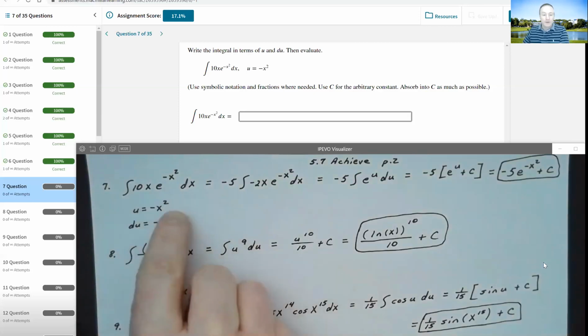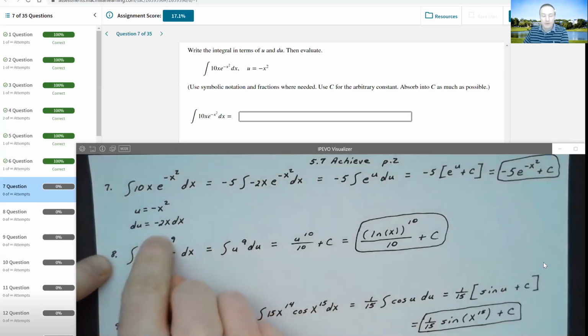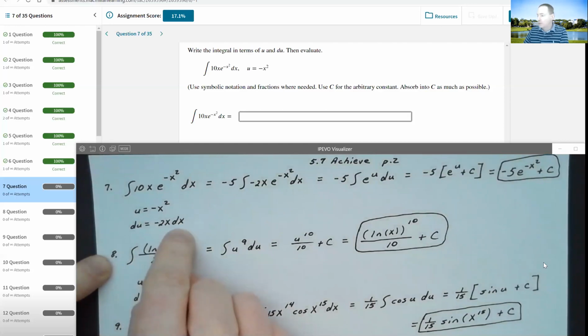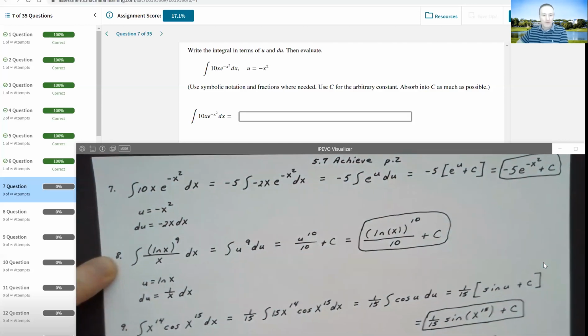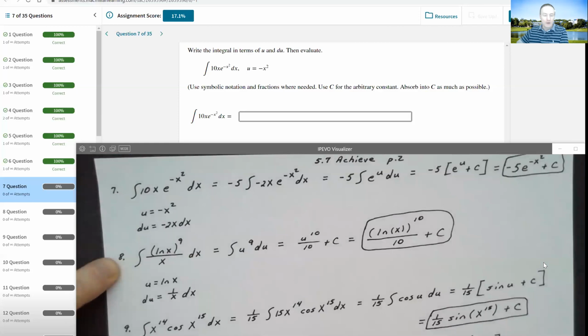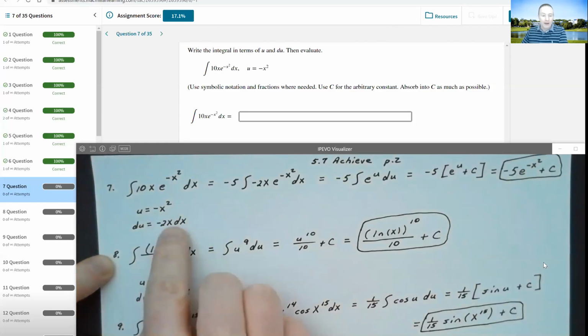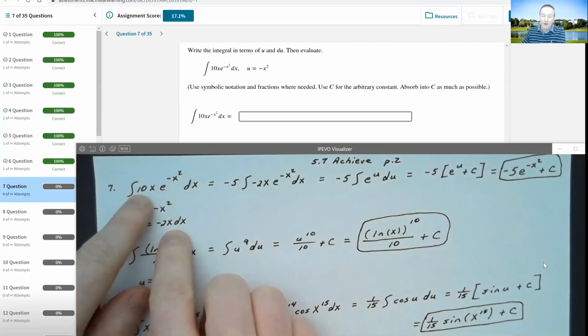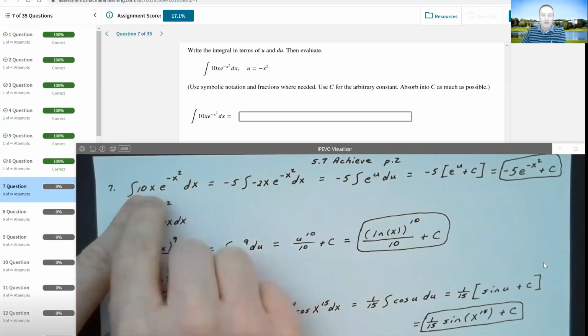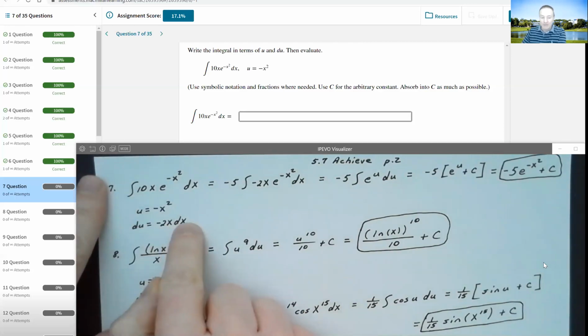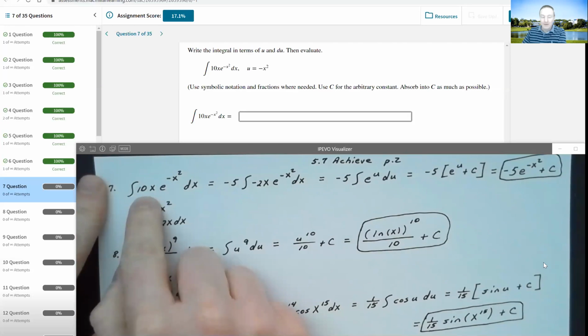Whenever I do that, I know that the derivative of u is just going to be negative 2x with respect to x. Now this one's a bit tricky because I need a negative 2x dx in there, and I have a 10x.